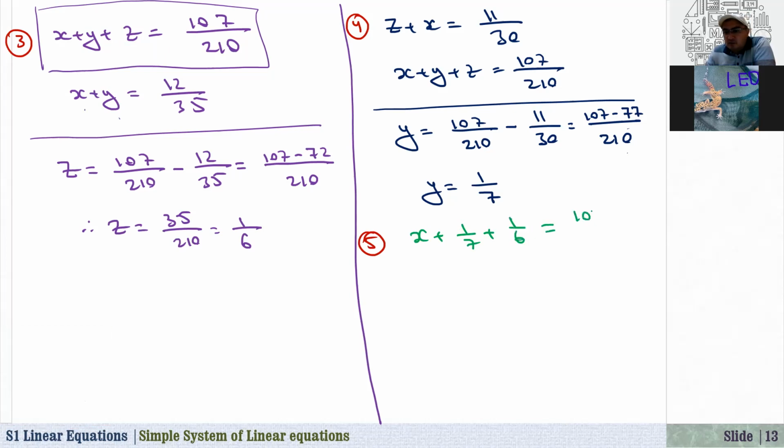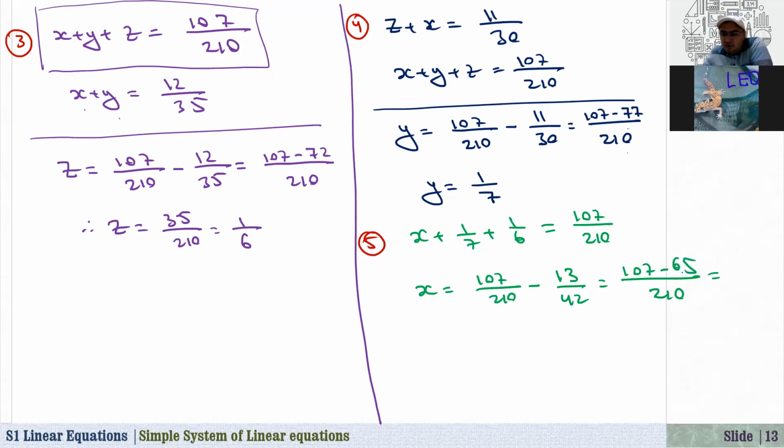On the right-hand side, 107 over 210. So what is x? x equals 107 over 210 minus 1 over 7 plus 1 over 6, that's equal to 13 over 42. Now common denominator is 210. Here we have 107 minus 5 times 13, that's equal to 65, which is equal to 35 plus 7, that is 42 over 210.